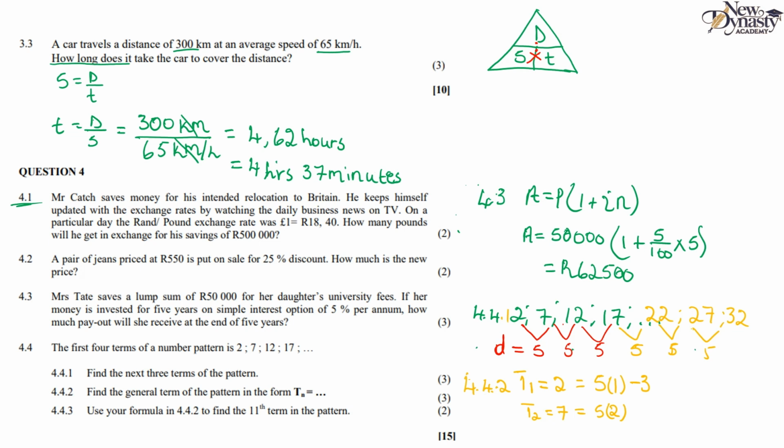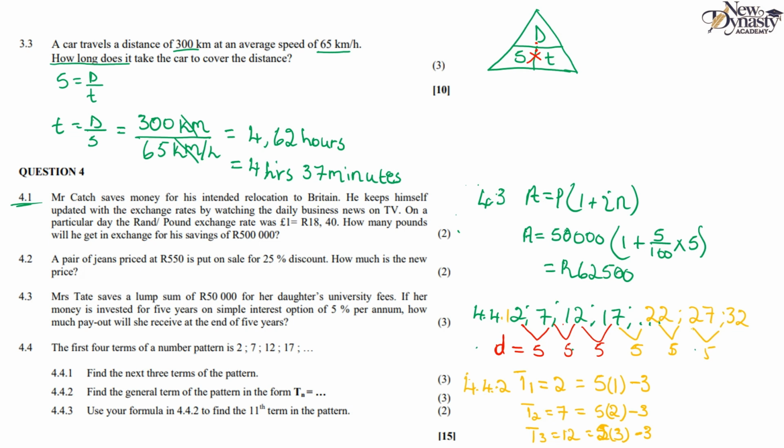So how do we get 7 from 10? We have to subtract 3. So you can see here that we always subtract 3. Even if you continue calculating term 3, our term 3 is 12. So we have got 5 as our difference. We multiply that 5 by the term number, which is term number 3. So 5 times 3 is 15. How much do you subtract from 15 to get 12? Obviously that is going to be 3.